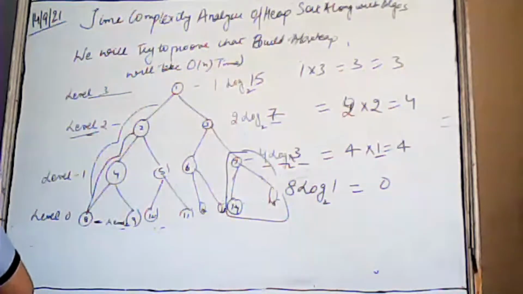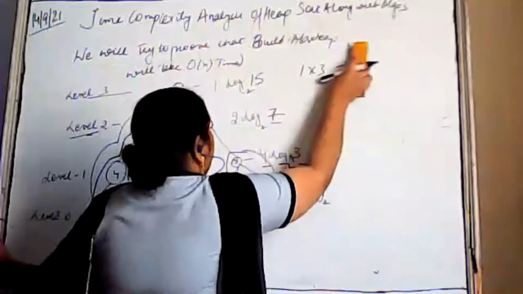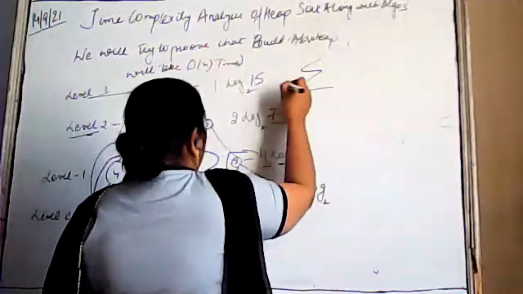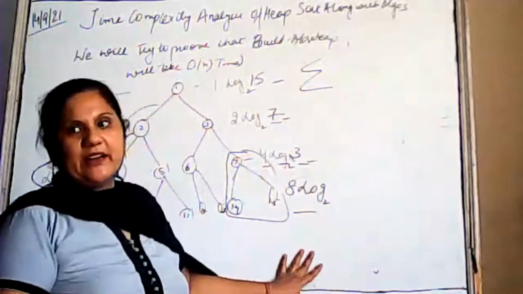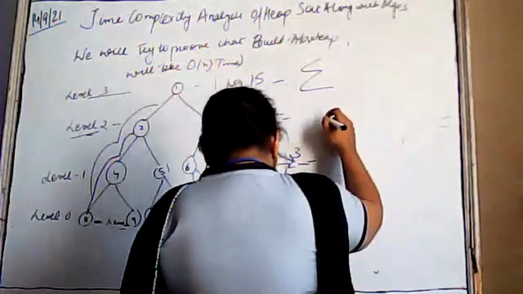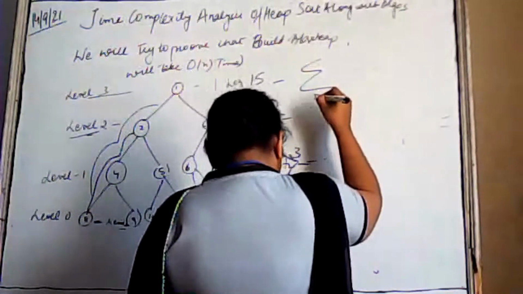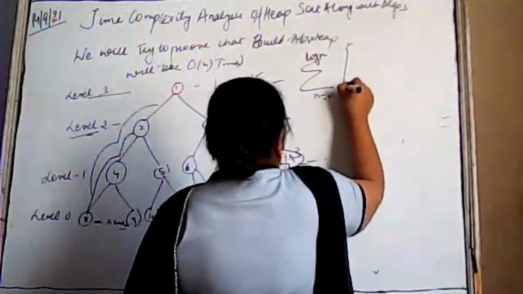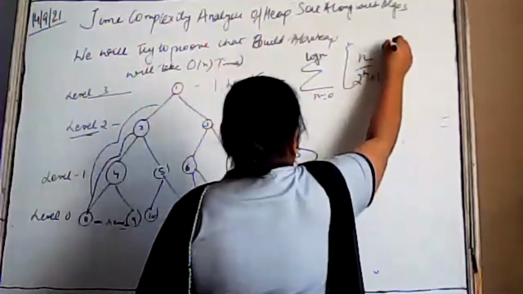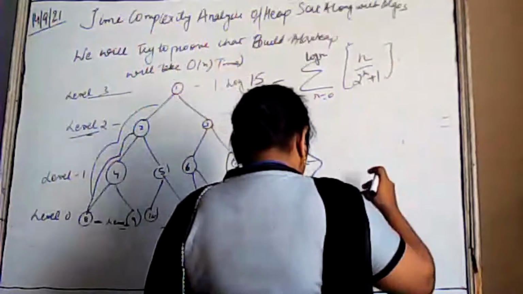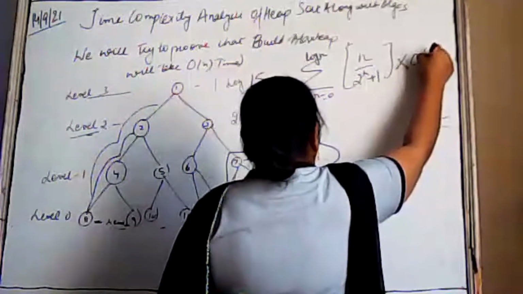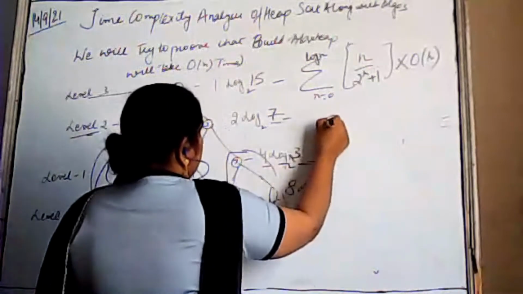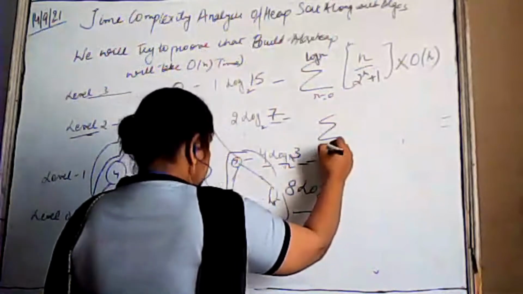So let's calculate the total time. If I roughly calculate it, it will become this thing. Sigma, at each level, we are going to add up all these times and we'll get the final time. So this will become sigma of h equal to 0 to log n, because you have taken the inputs from 0 to log n, of n upon 2 to the power h plus 1 into big O of h, because we are taking the height of the tree to travel.